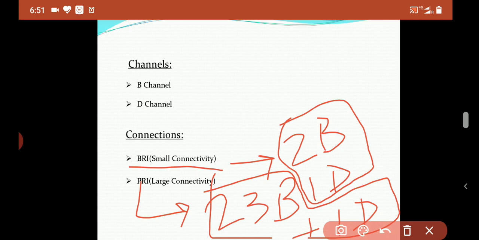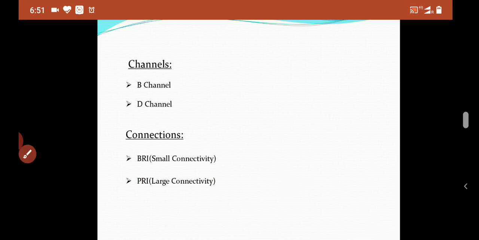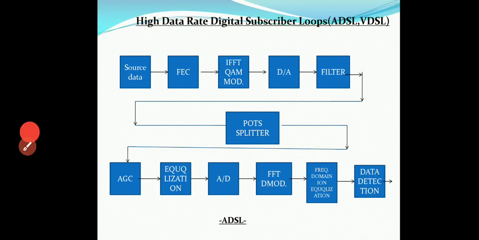ISDN primary rate interface services offer 23 B channels and 1 D channel in North America and Japan, with a bitrate of 1.544 Mbps. So this is the important thing.